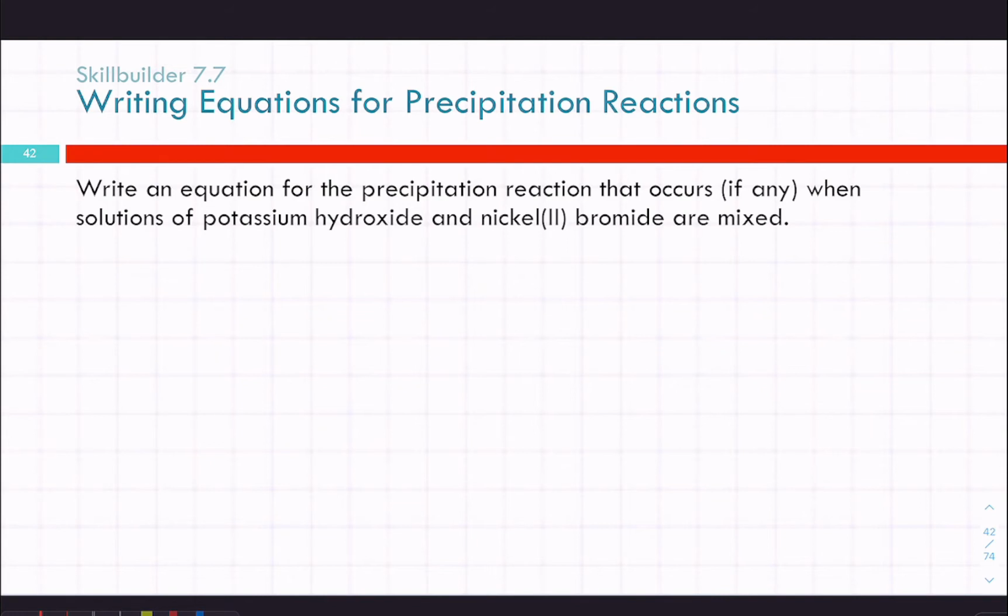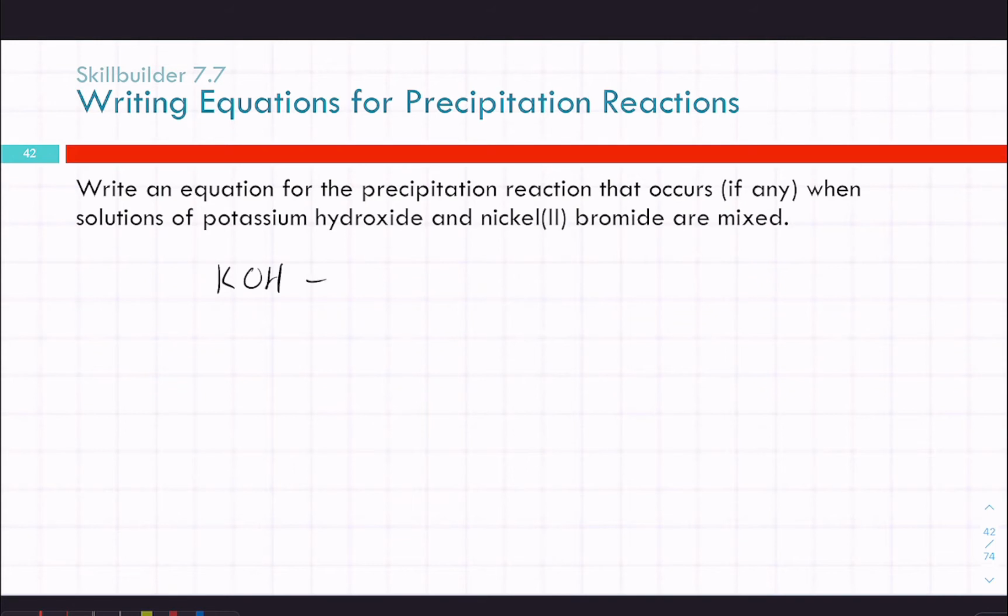As always, more examples. So when a solution of potassium hydroxide and nickel bromide are mixed, we're going to write a precipitation reaction if one occurs. So again, important to know those nomenclature rules. Right, first step, write these out as the compounds. So potassium hydroxide. So potassium has a plus charge, and hydroxide has a 1 minus.